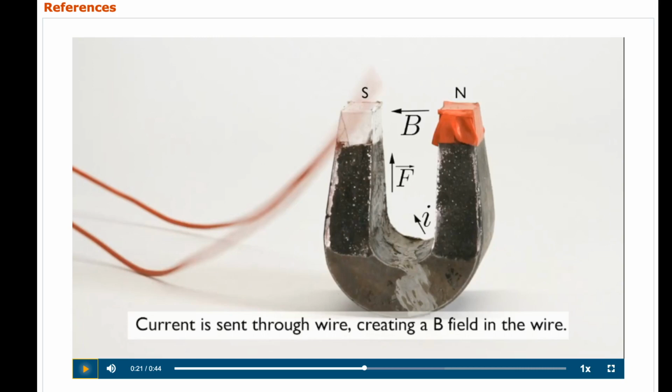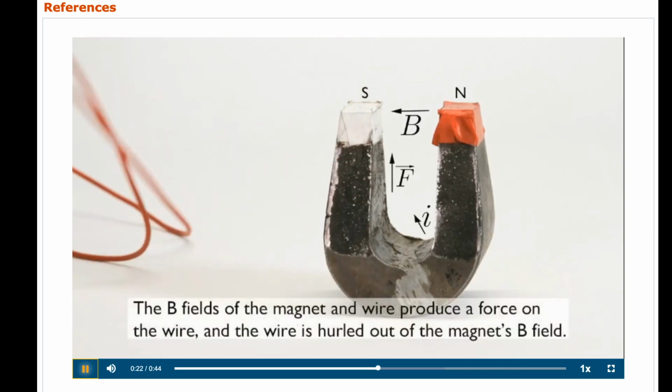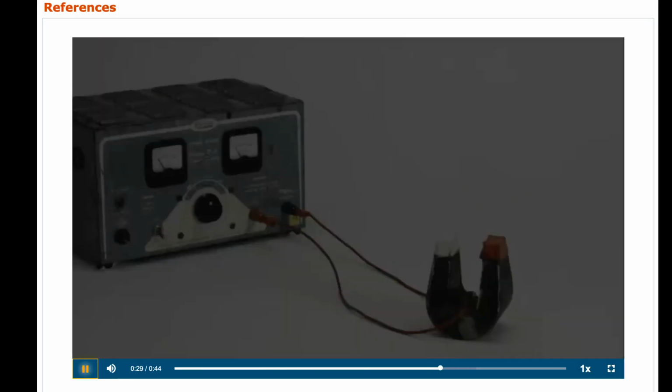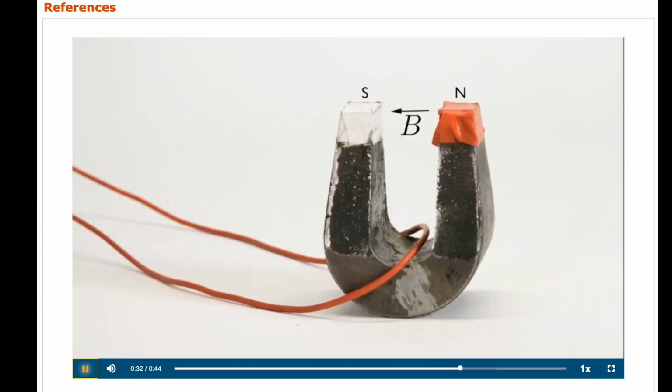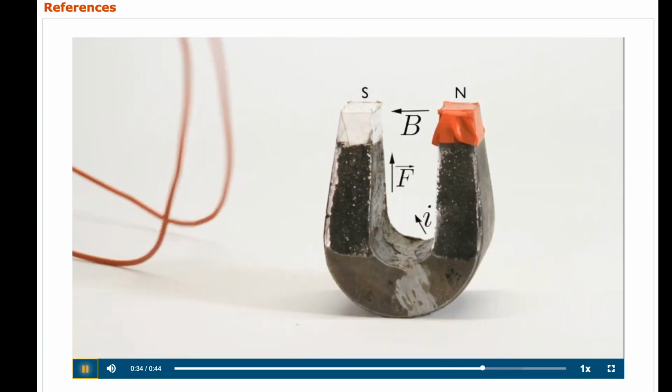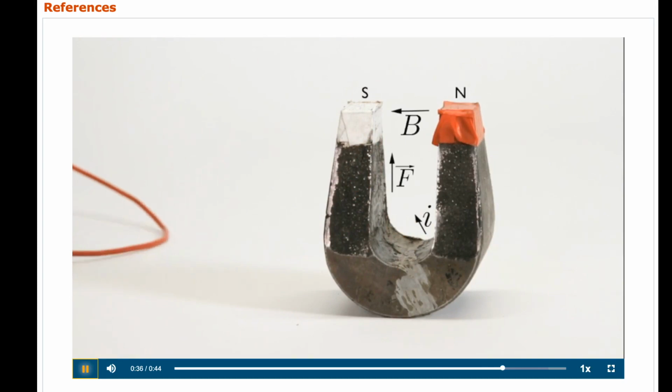And look, it kicks the wire so hard that it can actually jump up out of the magnet. It's called the jumping wire demonstration. So it really does do that.